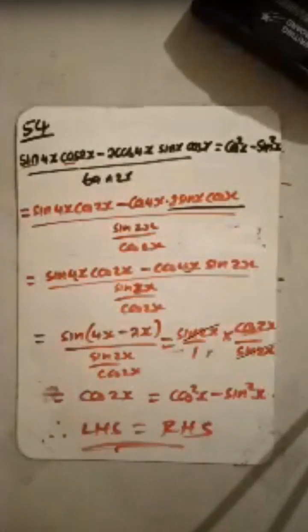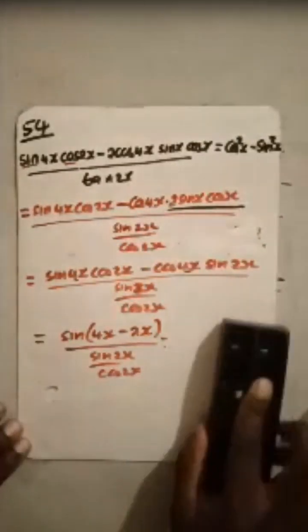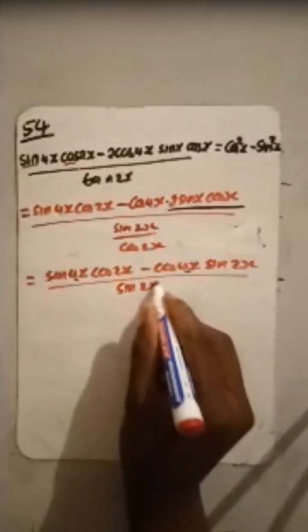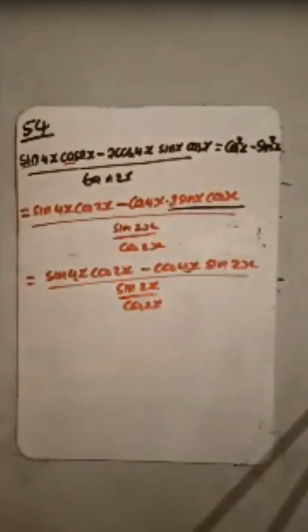I jumped some stages there because of my space, but it's fine for you. Let me actually do everything. Okay. So I am going to try to squeeze it in there. That is sine 2x over cos 2x. Okay. Right.